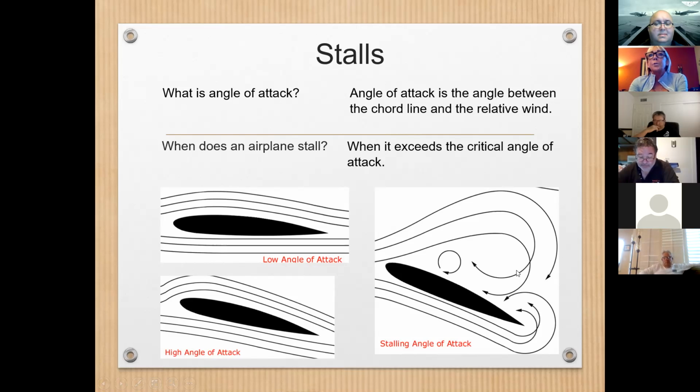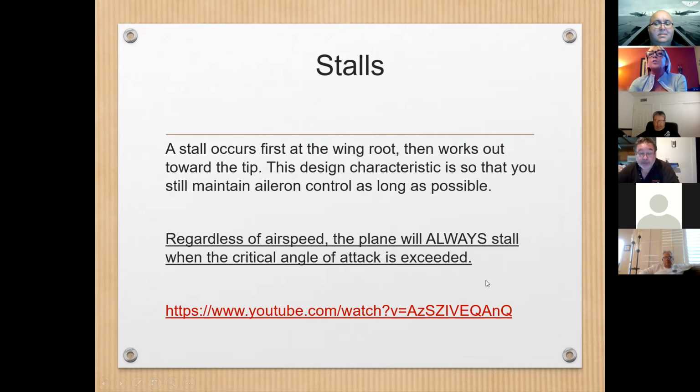On the next slide, this YouTube video actually discusses stalls. They put ribbons or strings on a wing, and they fly it and stall the airplane multiple times.